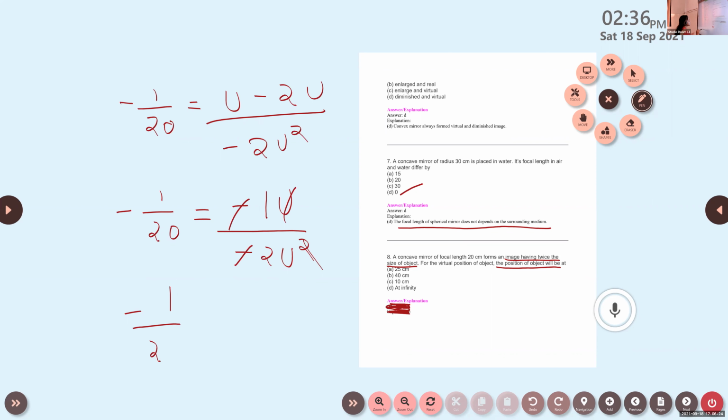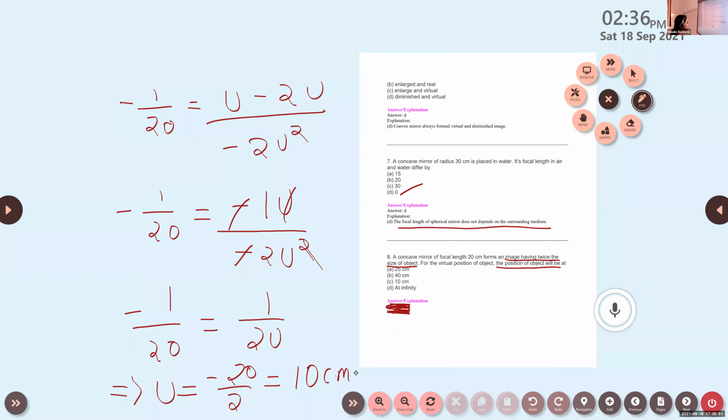Minus 1 by 20 is equal to 1 by 2u, which implies u is equal to minus 20 by 2. What will be the final answer? 10 centimeter.